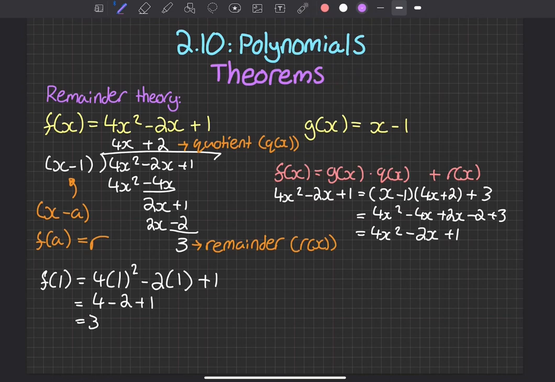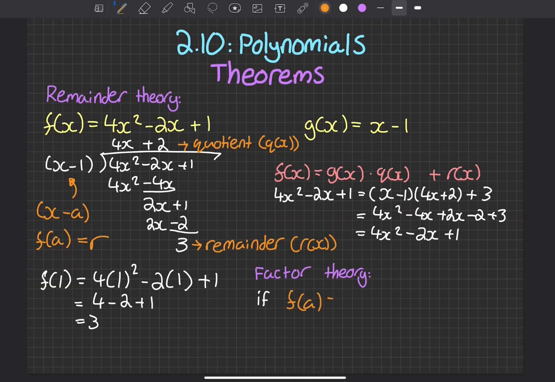And next we move on to the next theorem, which is called the factor theorem. And this one states that, so here we said the f of a is the remainder, right?